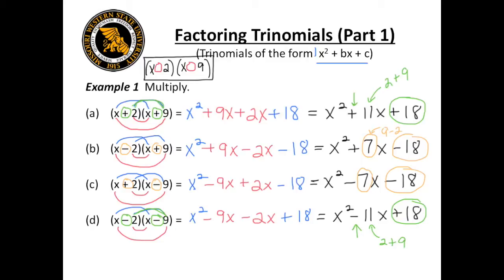The sign in front of that 7 depends on where the addition and subtraction symbols appear in the binomials. Although we don't need to memorize these patterns, noticing these patterns will help us to factor trinomials of the form 1x squared plus bx plus c.